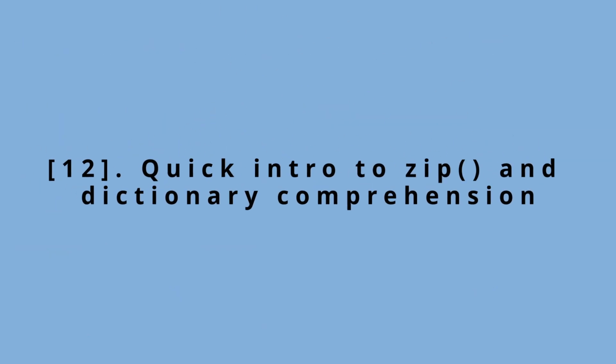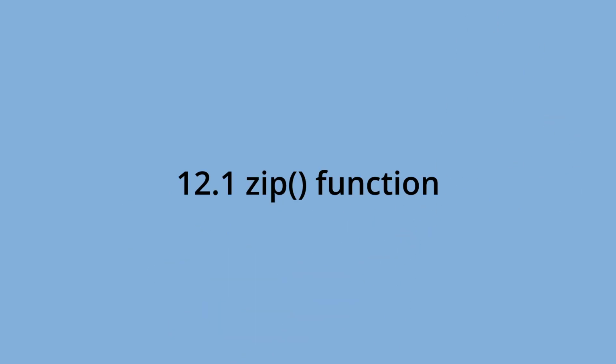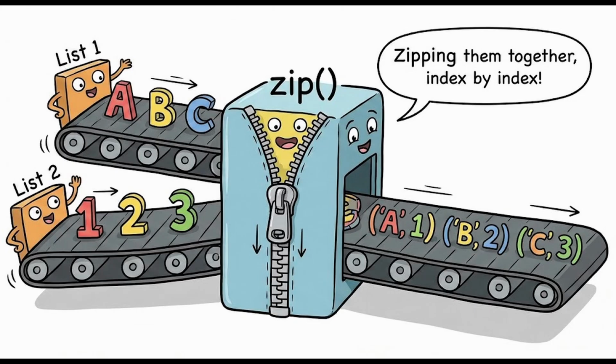Quick intro to the zip function and dictionary comprehension. We'll use these more in part 2, but let's at least see the basics. What does the zip function do? It produces a zip object, an iterator, a sequence of tuples that generates pairs on demand. Zip does not immediately create a list, tuple, or dict.